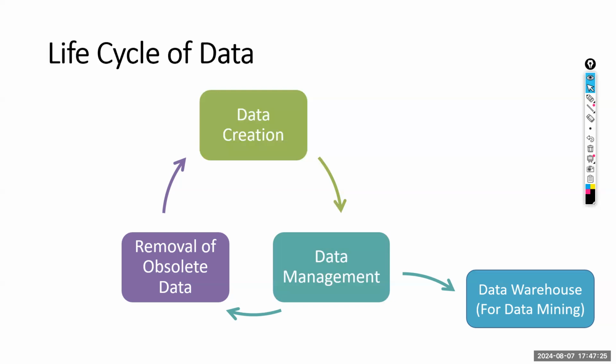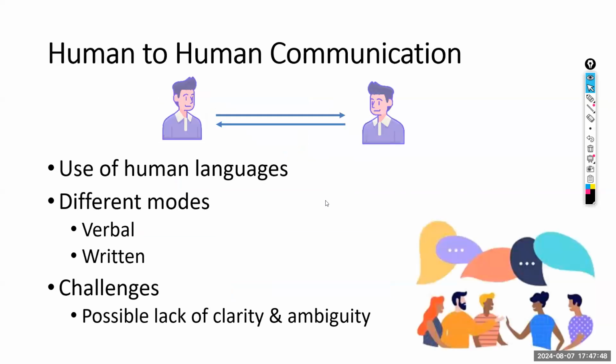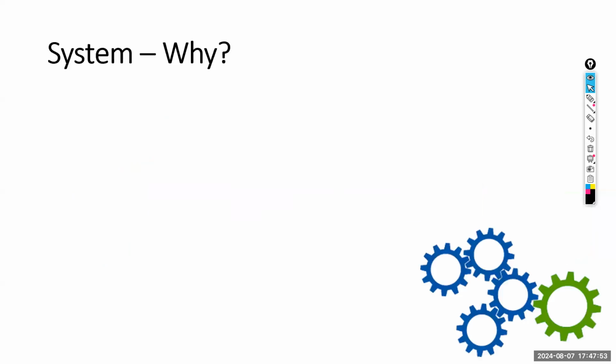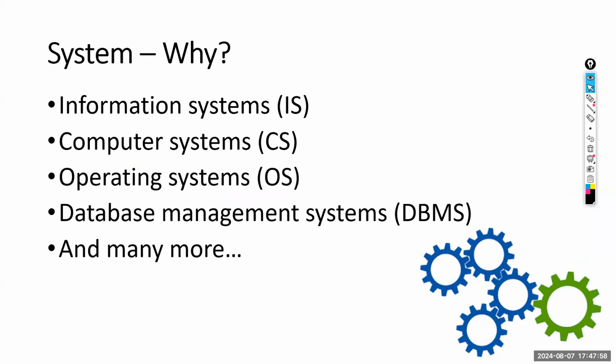Right. So we discussed what is an entity, what is data, what is information, what are the features of good information and data, and the life cycle of data. Next class we'll continue with communication, because that is also part of your subject, information and communication technology. Then we'll look at what a system is: what is a computer system, what is a computer-based information system, what is a manual information system.